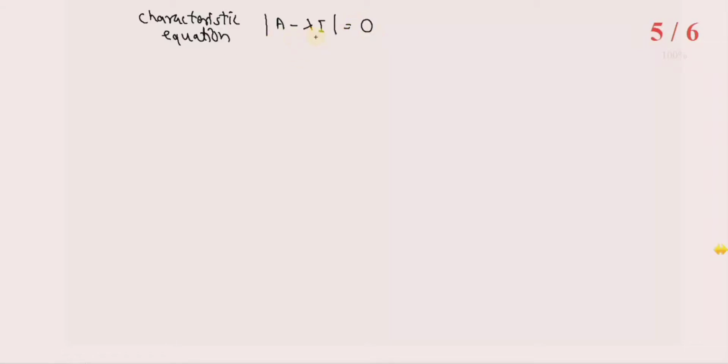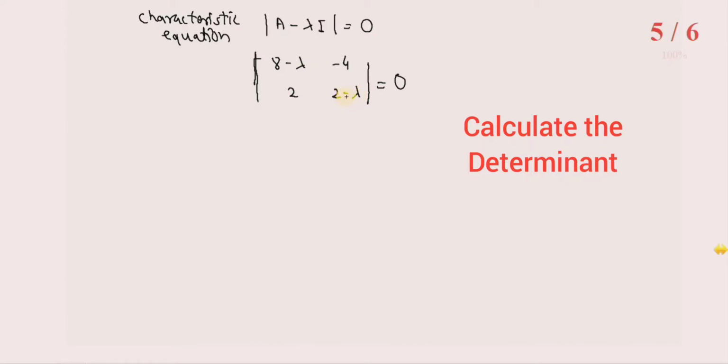So we have this determinant 8 minus lambda, minus 4, 2, 2 minus lambda equal to 0. So we have to get the determinant, then we'll get the eigenvalues.